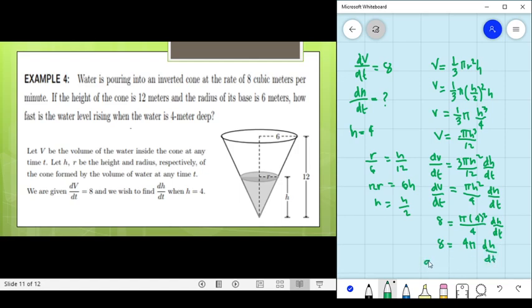So the derivative of the height with respect to time is equal to 8 over 4 pi, which is 2 over pi. That is why we can say that the water level inside the cone is rising at a rate of 2 over pi meters per minute.